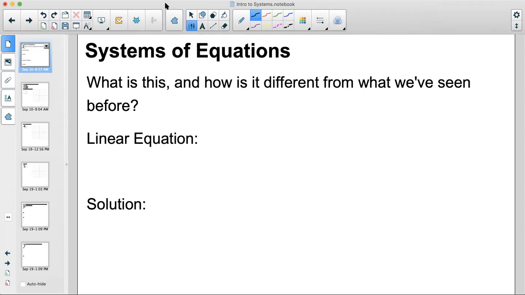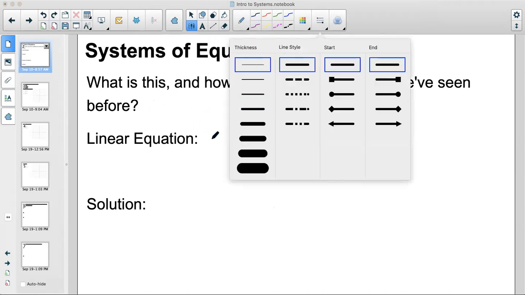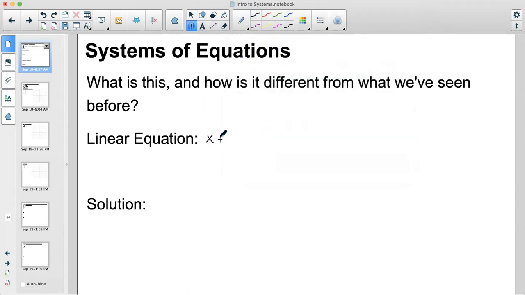There are many different types of linear equations, but the kind we're going to be thinking about looks something like x plus 7 equals 15. It's a linear equation: there's just one x and it's raised to the first power. This could be a more complicated one, but this is a pretty simple one. And the solution is a number, x equals 8, a single number.